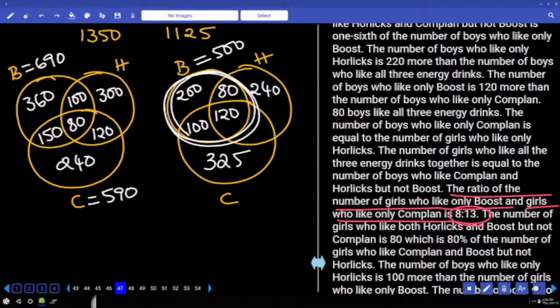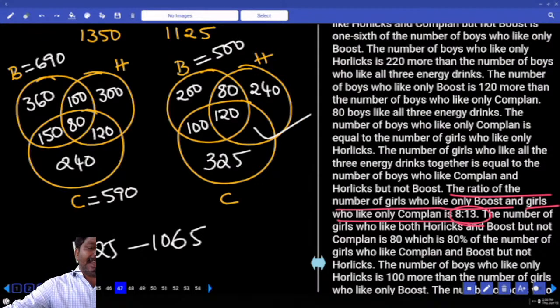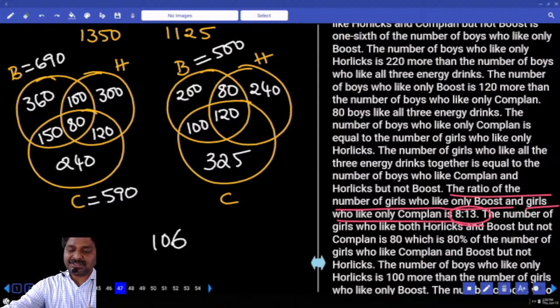Already you have 240 and then 325, that is 565. Plus 500 is 1065. Subtract this from the total to get the remaining area. How much is that? 60.